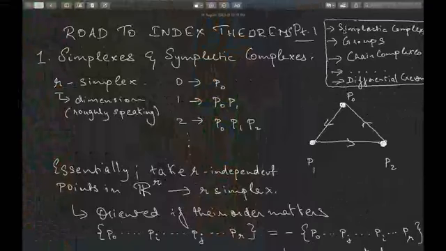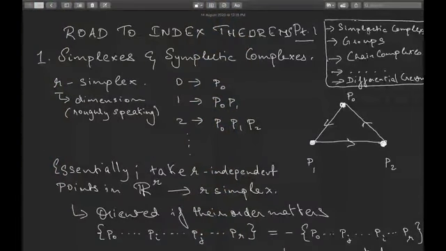So let's start off. First I will be talking about simplexes and simplicial complexes. Then I will be talking about groups, the groups under these simplexes, and then I will be talking about chain complexes.